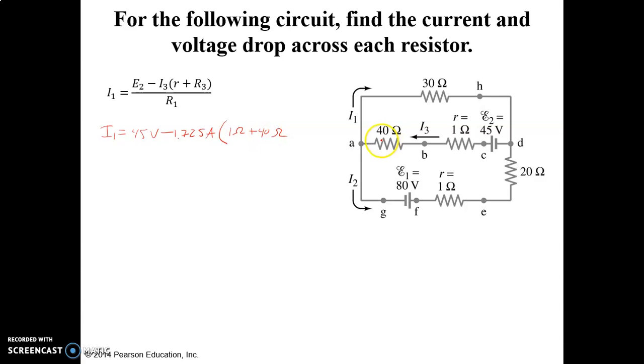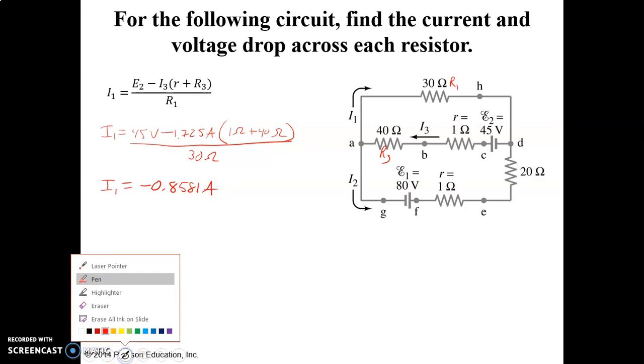That would be this resistor right here. All that divided by R1, which is this resistor here, 30 ohms. When you do that calculation, you find that I1 is equal to a negative 0.8581 amps. Notice the negative here.